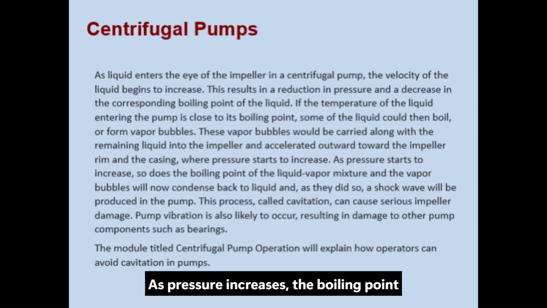As pressure increases, the boiling point rises above the liquid temperature, causing the vapor bubbles to collapse suddenly back into liquid. Each collapse produces a powerful shock wave that can cause serious impeller damage, vibration, and bearing wear. The module on centrifugal pump operation will explain how operators can prevent cavitation.